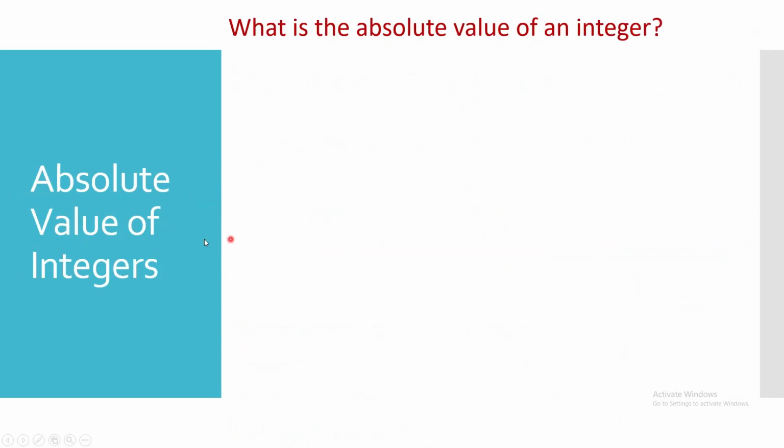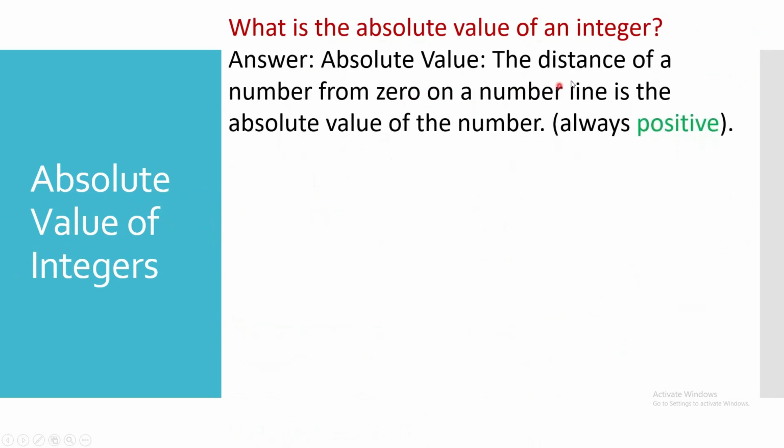So below 0. Now the absolute value of an integer, a very important term. What is the absolute value of an integer? The absolute value is the distance of a number from 0 on a number line. So it will always be positive. Absolute value means the value of the number will be positive.